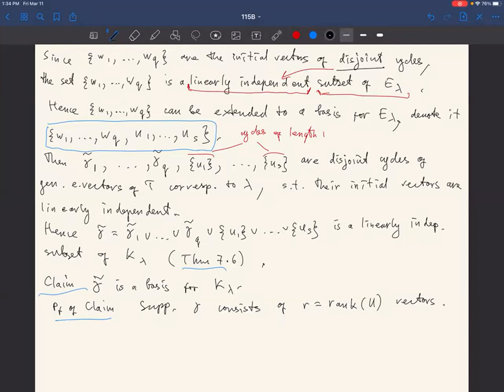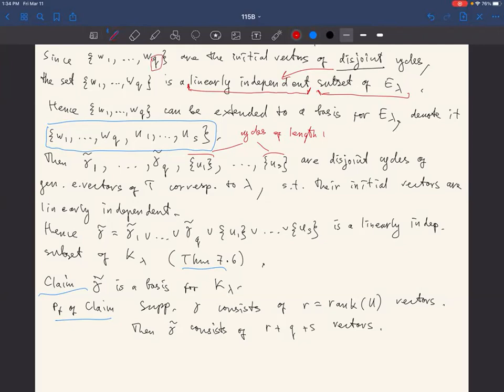Then by construction, gamma tilde consists of R plus Q plus S vectors. Because, let's remember where all these numbers come from. Q was the number of vectors in W1 through WQ, right?